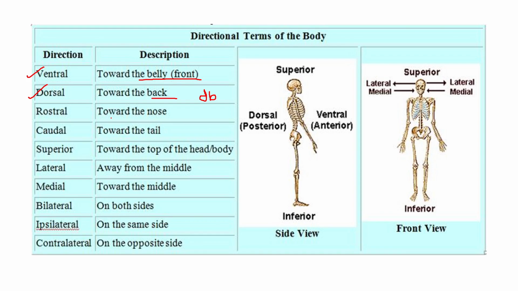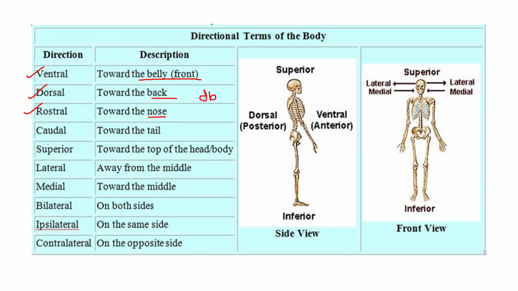Rostral means towards the nose. Then caudal, towards the tail. Then superior, towards the top of the head. Superior you can remember as the above section, towards the top section of head or body.